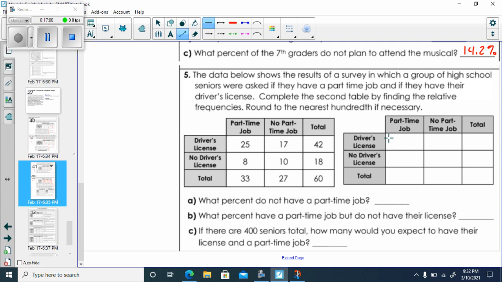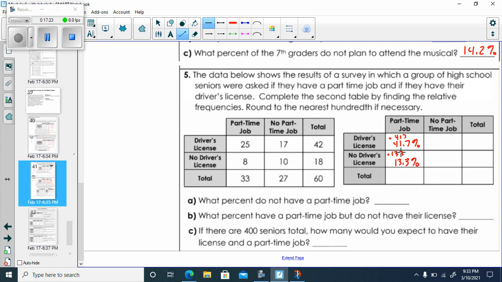Okay, you can say it this way, guys. You could put that as 0.417, or it can be 41.7%, okay? 8 out of 60, 8 divided by 60, that's 0.133, that's the relative frequency, or you can see it as 13.3%.